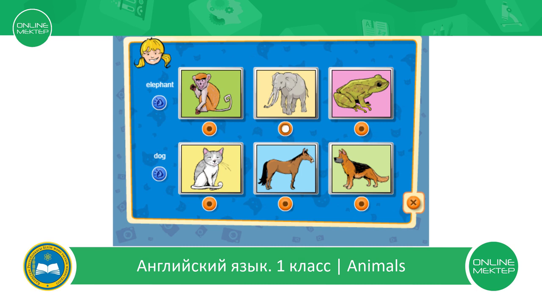Here's an elephant. Right, here's the elephant. Number 2. Dog. Can you see a picture of a dog? Well done. Yes, the dog says woof woof.